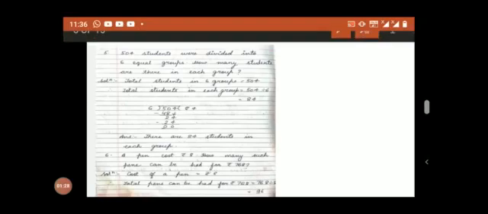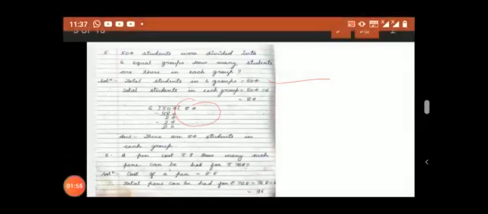Total students in 6 groups is given, 504, and total students in each group we have to find out. So we will divide 504 by 6. If we divide, we get 84. It means there are 84 students in each group. In one group, how many students are there? 84 students.